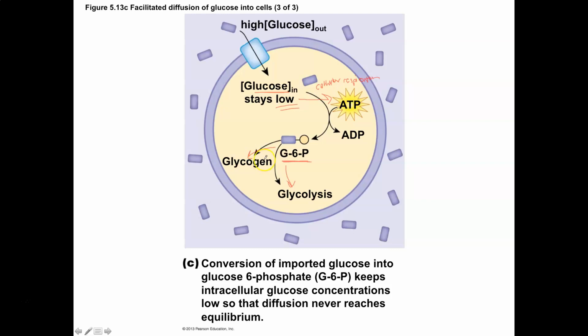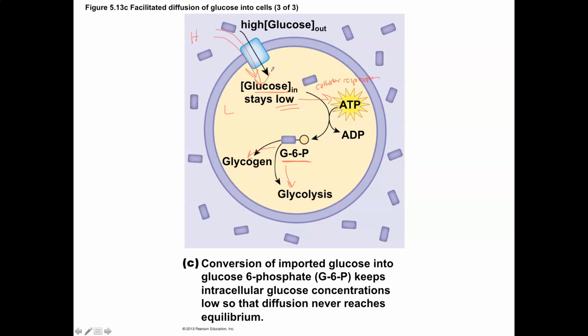So we can actually spend some energy to produce glucose 6-phosphate within the cell, and that's going to keep the concentration of glucose low inside of the cell. And that keeps that high to low concentration gradient so that we can continue to have facilitated diffusion into the cell. So it's a way for us to maintain that facilitated diffusion without reaching equilibrium.